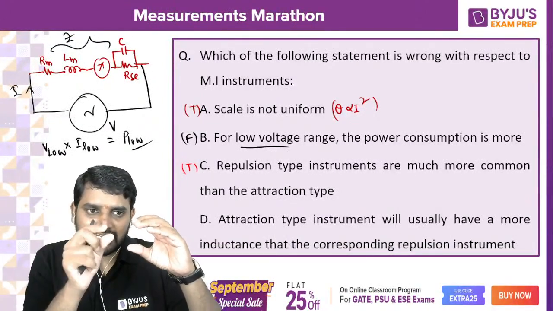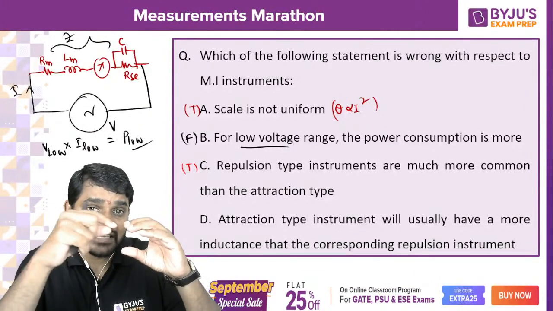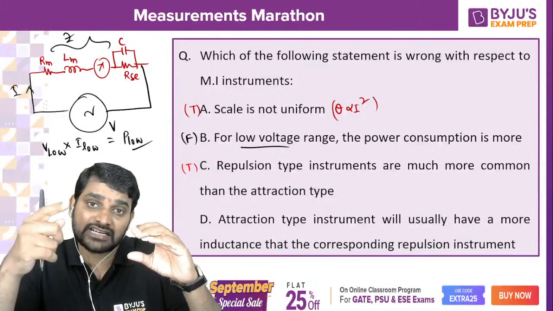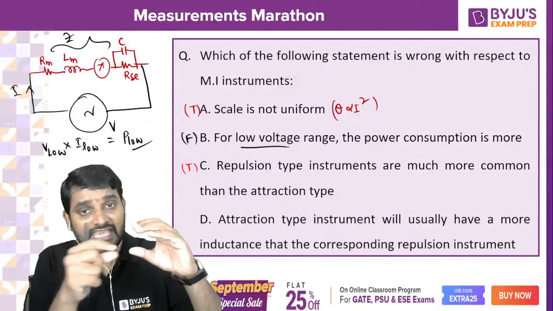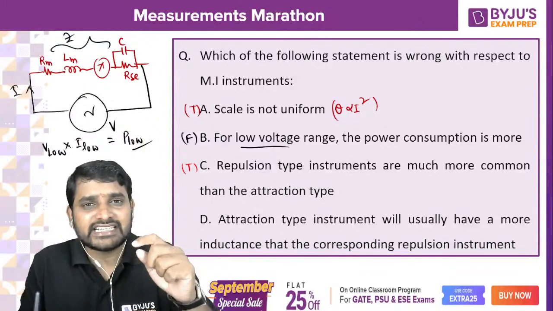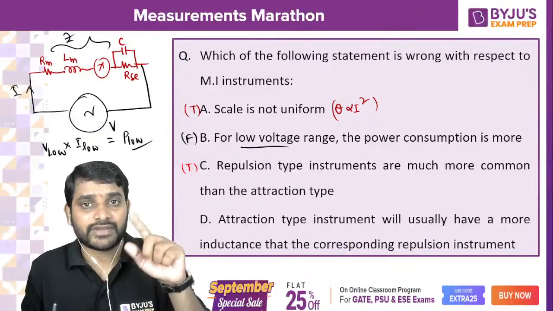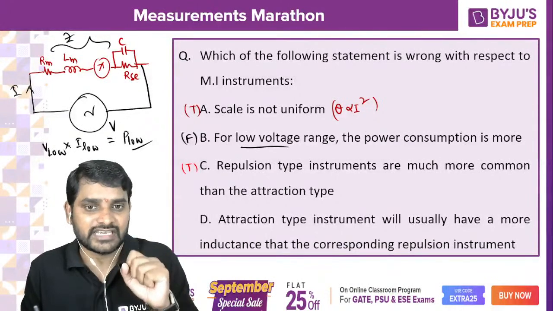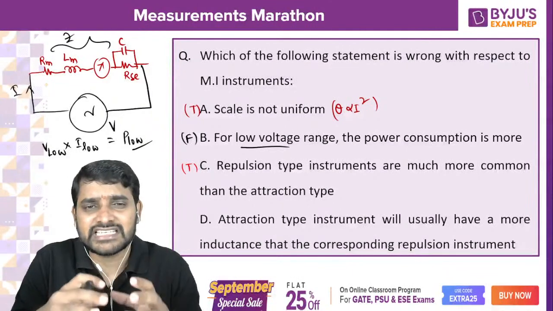If you place a moving iron disc here at this point, the air gap is different, so inductance is going to be different. If you place it at another point, again the inductance is going to be different. Designing an attraction type instrument is very, very difficult compared to a repulsion type instrument. So repulsion type instruments are much more familiar and easier to design.